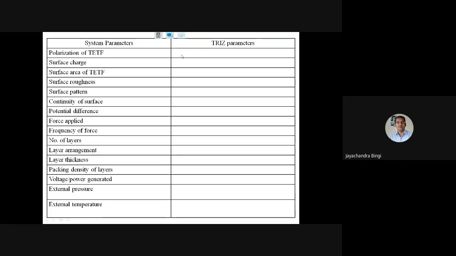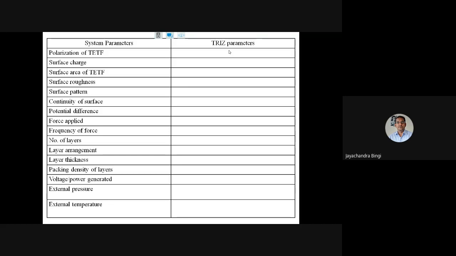Now, what are the related TRIZ parameters? Can somebody please tell? In order to assign the TRIZ parameters, you need to understand the basic definitions of these things. So, what are the TRIZ parameters you can assign? Polarization. Polarization means what?